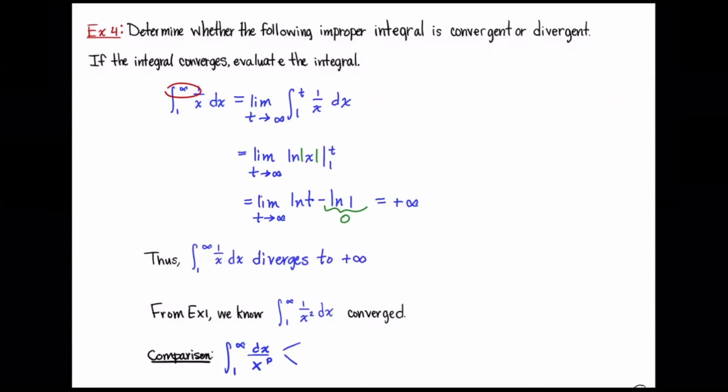Now, this was very similar to our first example from the opening slide when we integrated from 1 to infinity of 1/x squared. And in that case, we said that it converged. So just comparing the two, so far from these two examples, we know that if we have the integral from 1 to infinity of dx over x raised to some number, we have p for power, that will converge from example 1 when p is equal to 2.